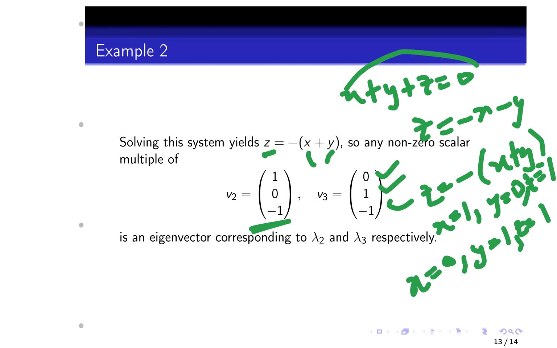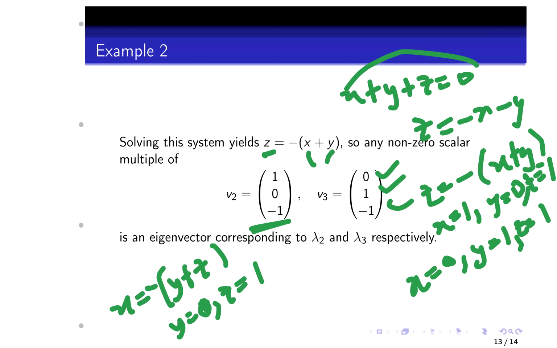If you make x the subject, that's minus y plus z, right? So if you take y to be 0 and z to be 1, that means x itself is going to be minus 1. So another possible eigenvector is x is minus 1, y is 0, and z is 1. So minus 1, 0, 1 is also a possible eigenvector, all right?